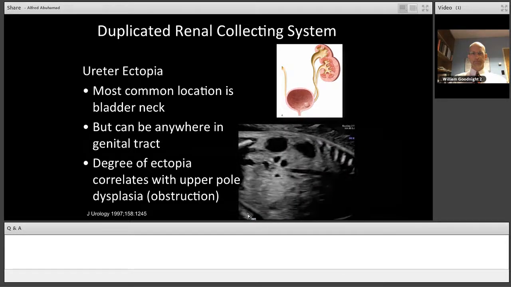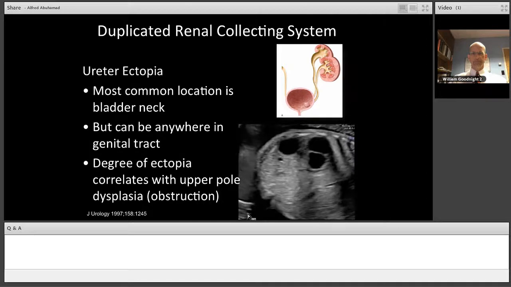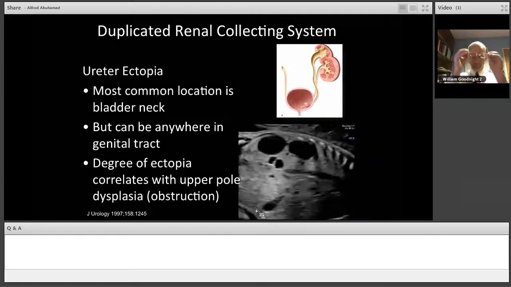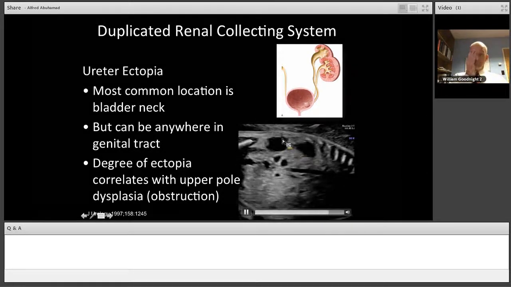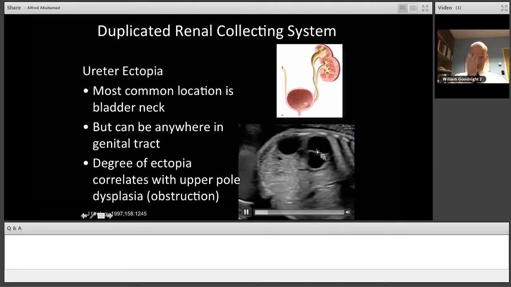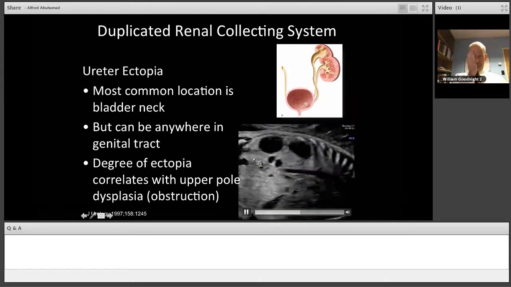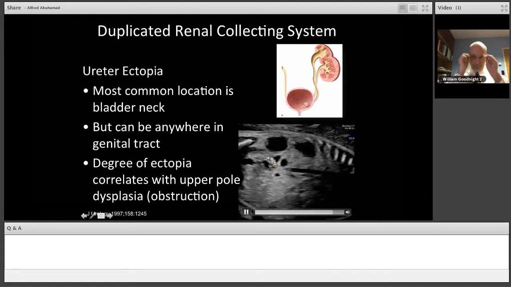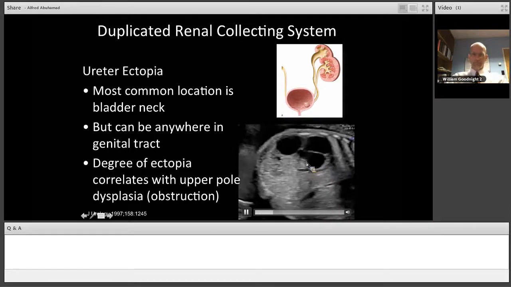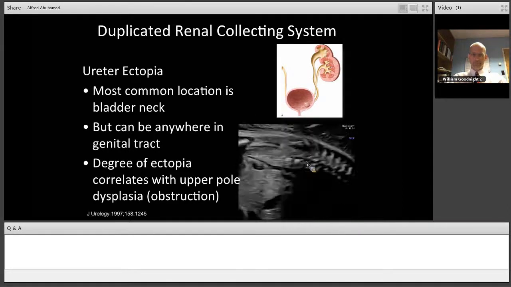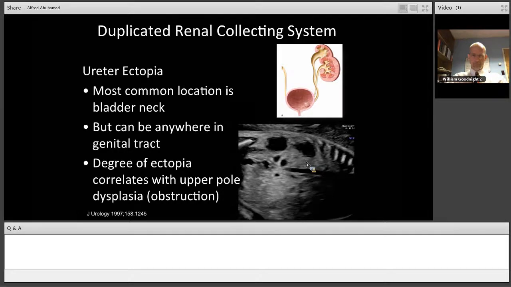So if you have a ureter that opens in the vaginal canal, there is more association with dysplasia. And this is a nice case of a duplex kidney with an upper pole that is multicystic dysplastic and a normal lower pole. When I see this, that implies to me that that upper pole has an ectopic ureter that is really probably outside of the bladder.